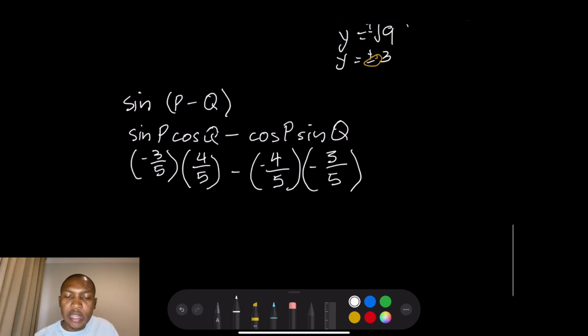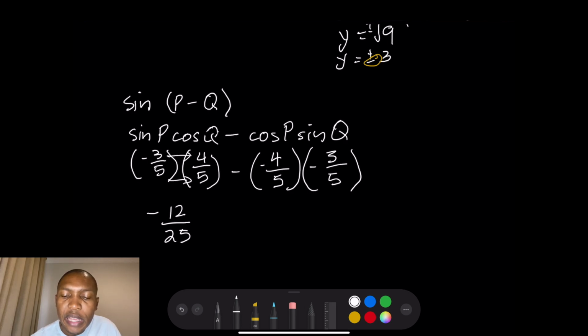All right, and ladies and gents, we know how the cookie crumbles in this case. We are going to have those two fractions, so we are multiplying. When we multiply fractions, that's a little bit easier because you multiply numerator to numerator, denominator to denominator. So minus 3 multiplied by 4 gives me negative 12 over 25.